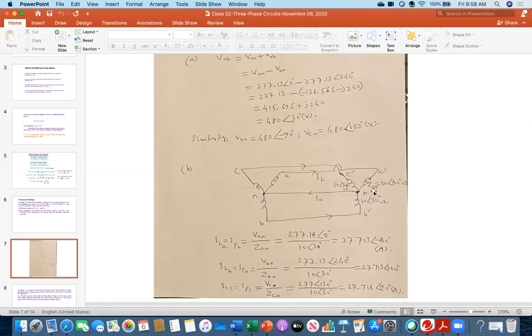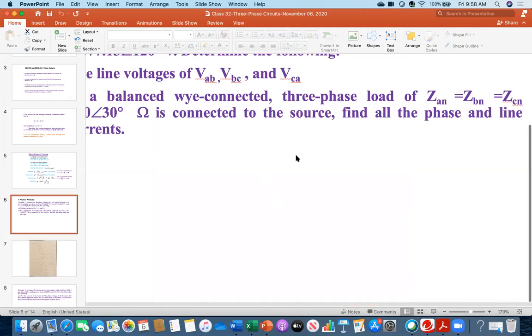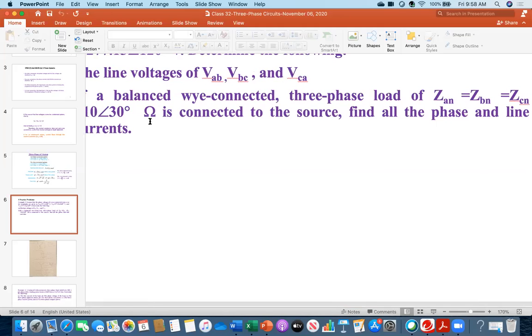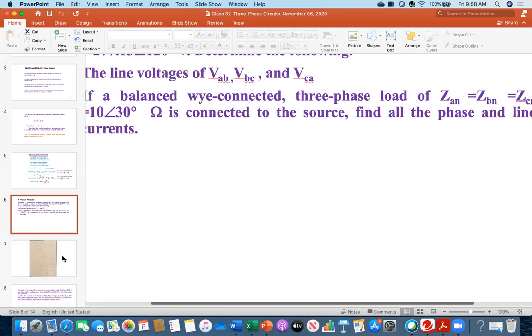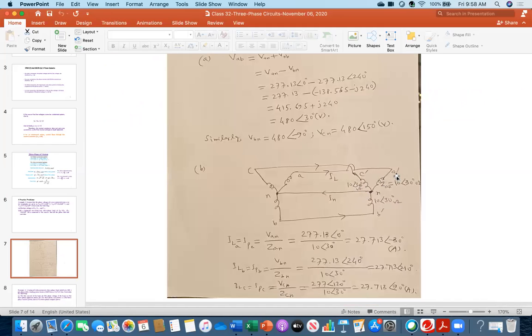So if you know how much current is flowing, look, the impedances are given. ZAN, ZBN, ZCN, which were given here, equal to 10 at an angle of 30 degrees. That I have placed here. If you know the voltage between A prime and the neutral, and divide by the respective impedance, that will be your phase current, and that will also be the line current.